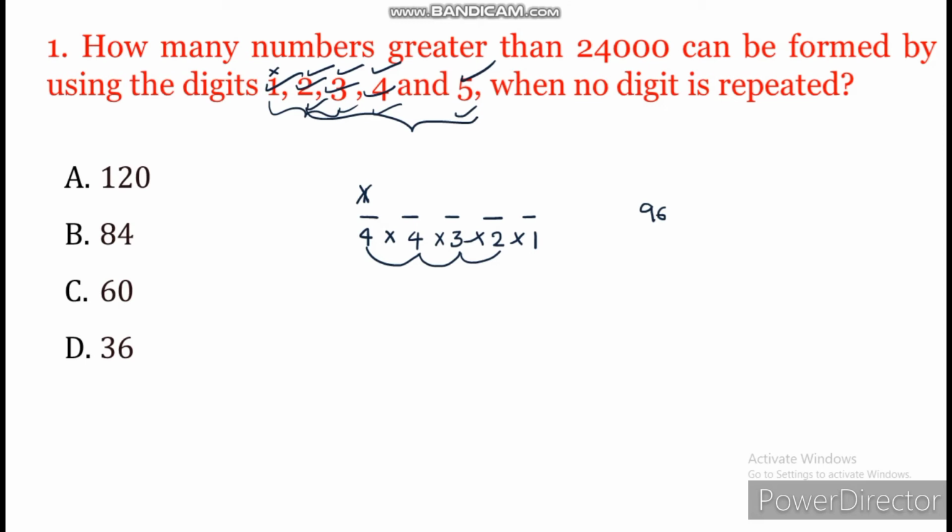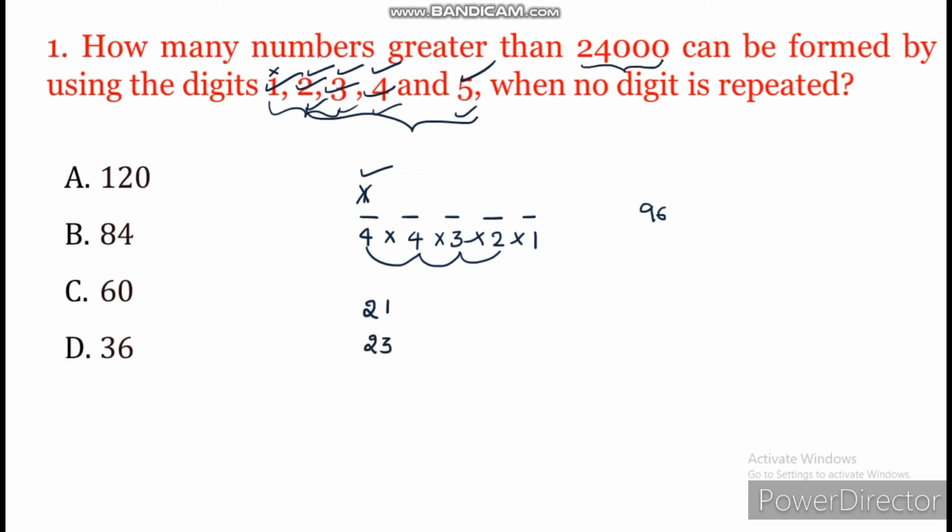What's wrong? I told you it should not start with 1. But let's say it starts with 1. If this number starts with 1, it becomes 21,000, which is less than 24,000.